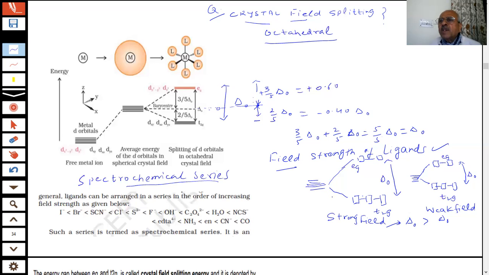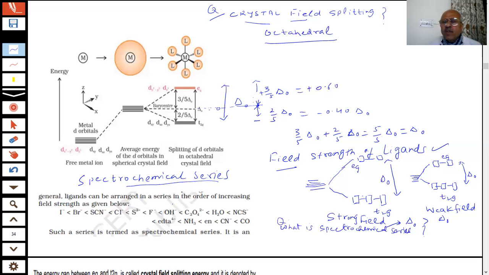The question was asked, what is a spectrochemical series? What is your answer, students? This is a question for the paper. If you arrange the different ligands in the order of their field strength, increasing order, that is called the spectrochemical series.